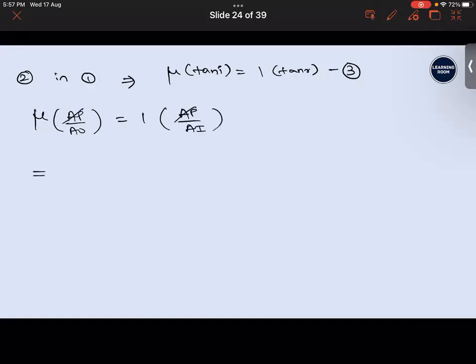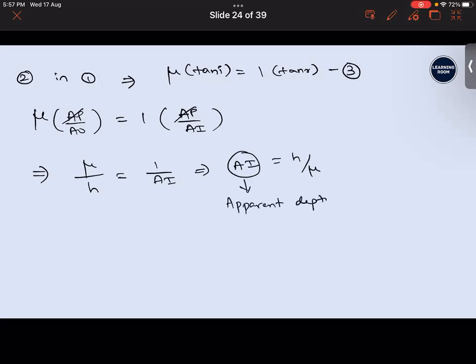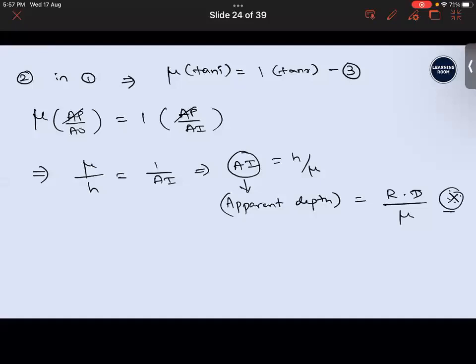Both will get cancelled, which implies mu divided by H is equal to 1 divided by AI, or AI is equal to H divided by mu, where this AI is what is called as apparent depth. So if you observe, apparent depth is equal to real depth divided by mu, which is a very, very important expression that you need to remember.